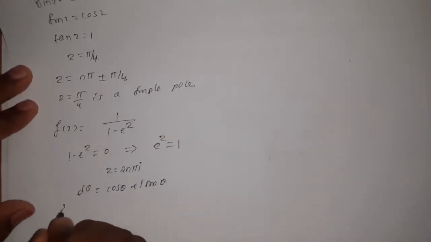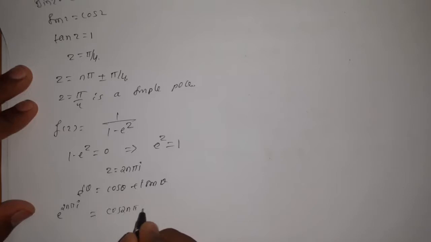So therefore e power 2n pi i is equal to cos 2n pi plus i sin 2n pi. And we know that cos 2n pi is equal to 1, plus i into sin 2n pi which is 0, which is equal to 1.